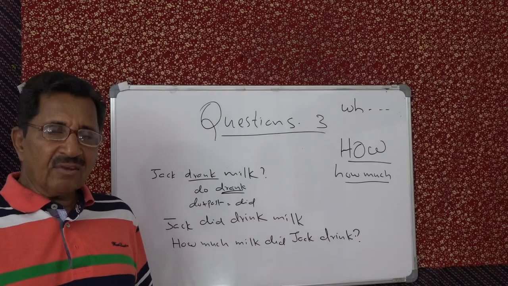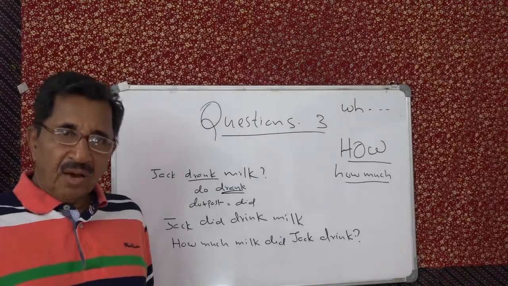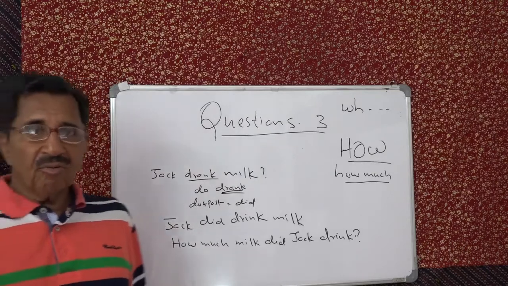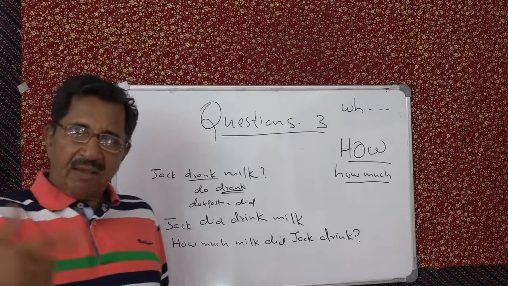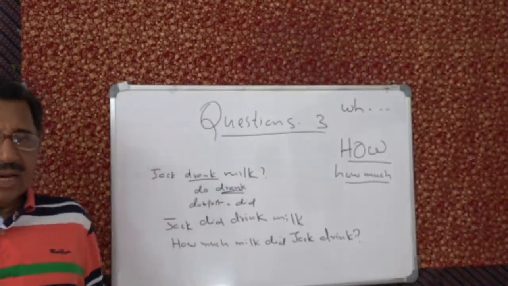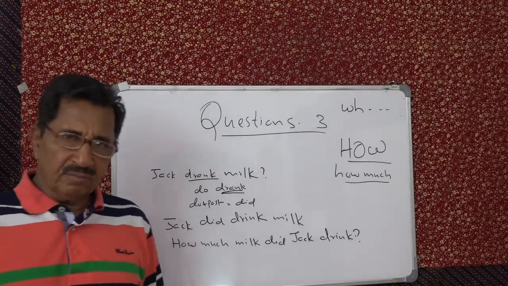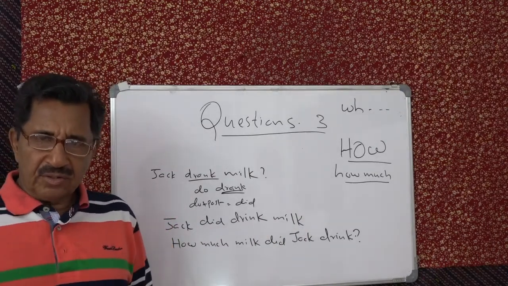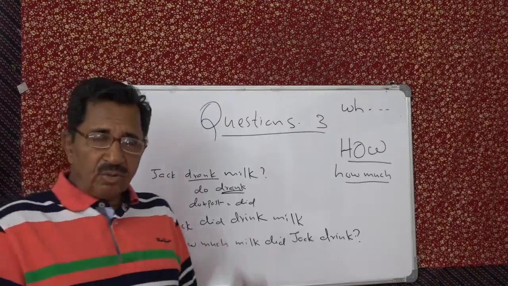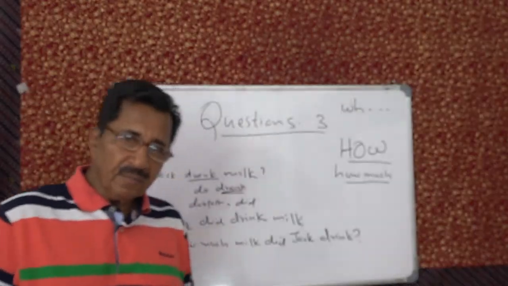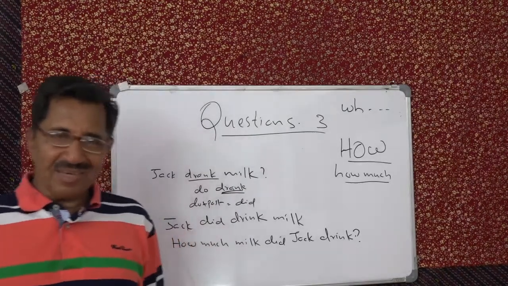Understand? Jack wasted a lot of time. How much time did Jack waste? Listen, how much time did Jack waste? Jack threw away rotten fruits. You want to know how much. Jack threw away stale milk.